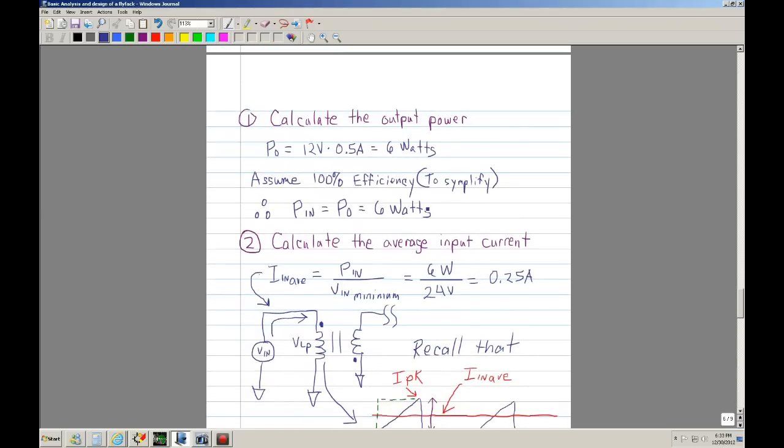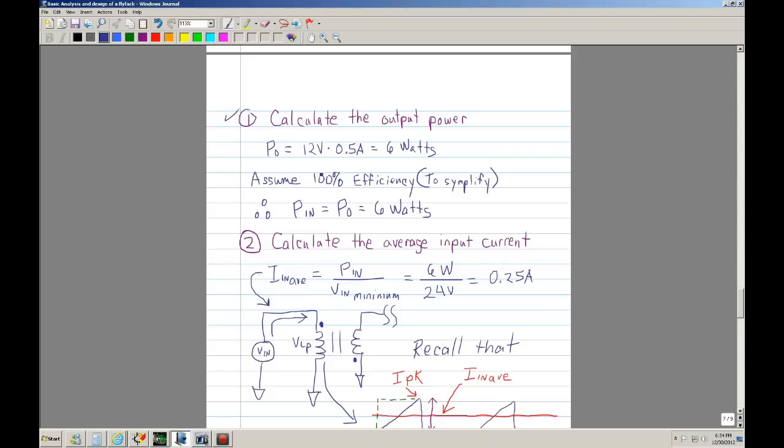So here are the steps. The first step is to calculate the output power. In this case, we have power out, or PO, which is 12 volts times the output current, half an amp. You end up with 6 watts.